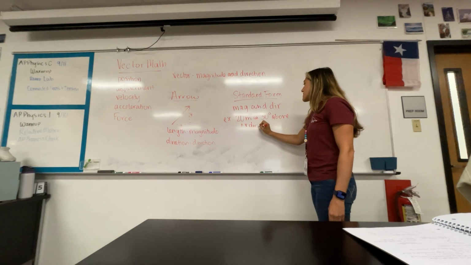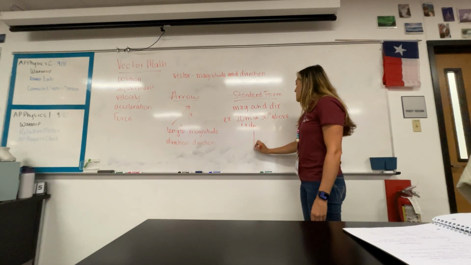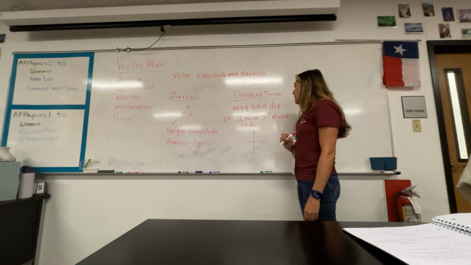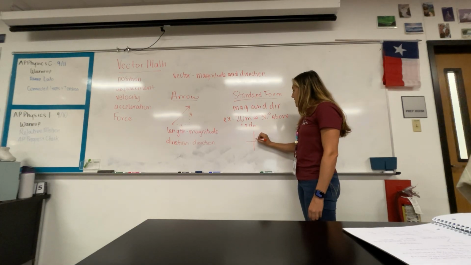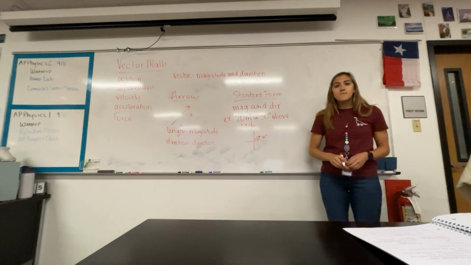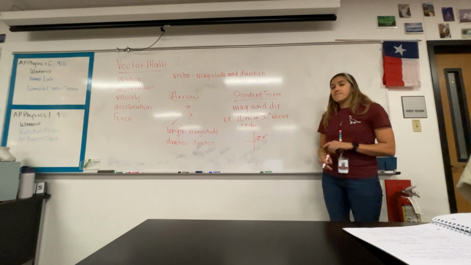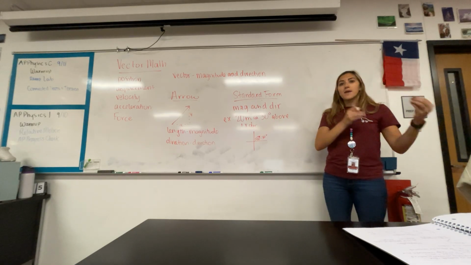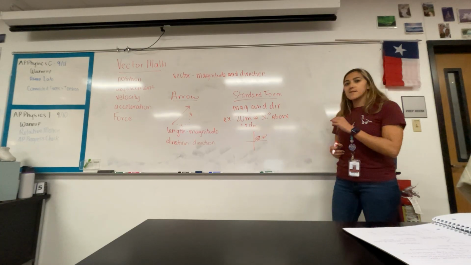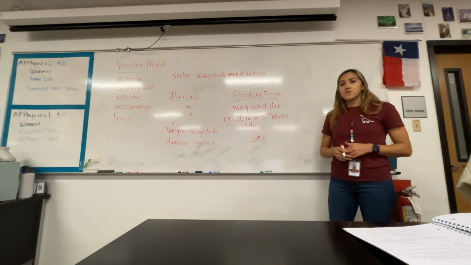We'll say the positive x direction. So that would look like this person has walked 20 meters at 30 degrees above the positive x direction. I could even then switch that into an arrow. I know it's 20 meters long and at an angle of 30 degrees. That's standard form. It again comes with the magnitude and the direction. So both of these, typically the arrow and the standard form, are going to give you the magnitude and direction.